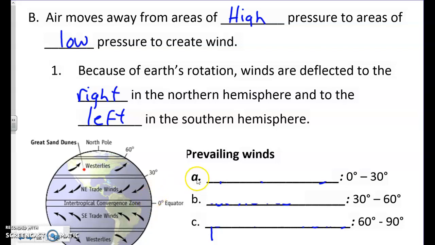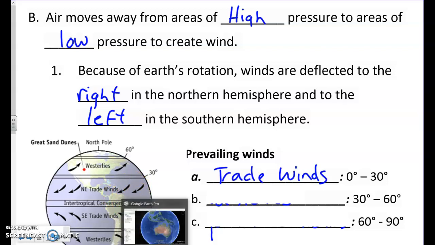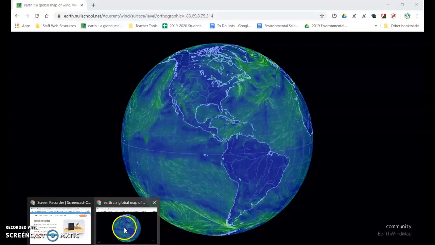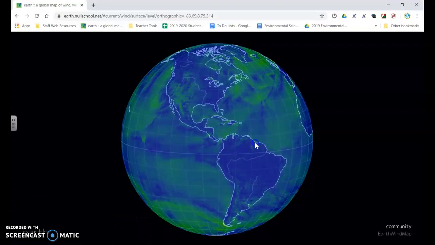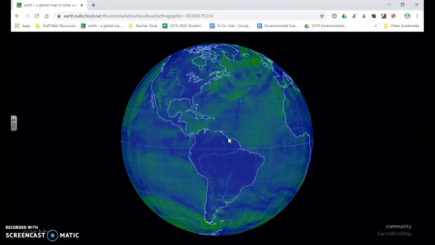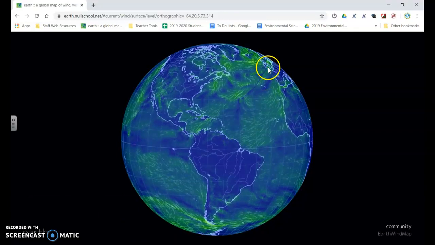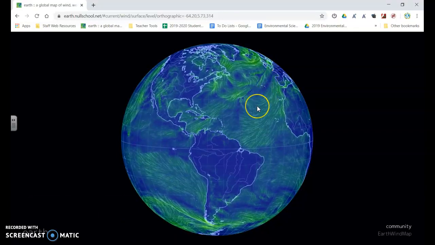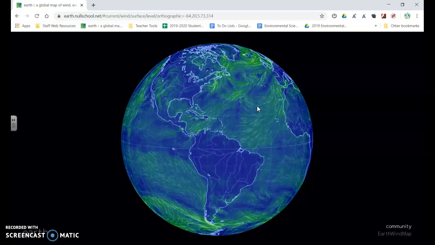Now those winds have names, and the first one is known as the trade winds. That is from 0 to 30 degrees north and 0 to 30 degrees south of the equator. The reason they're called the trade winds is because those are the winds that were used by traders during the 1400s and 1500s.